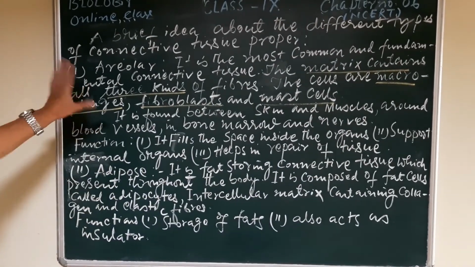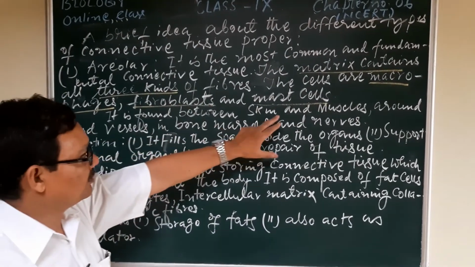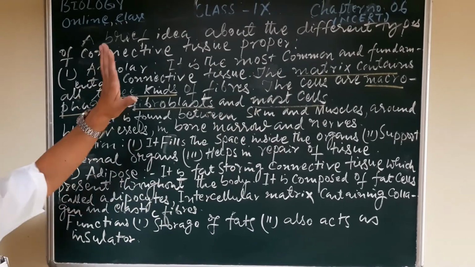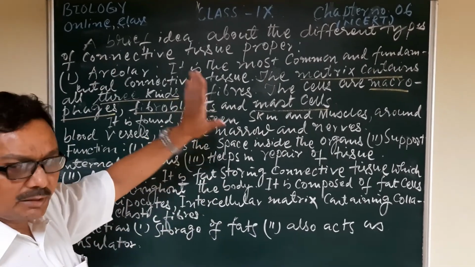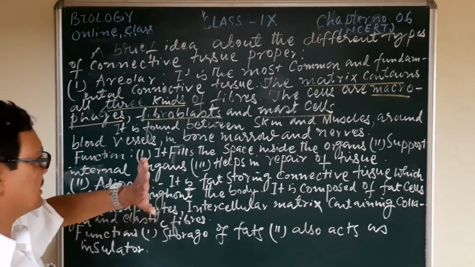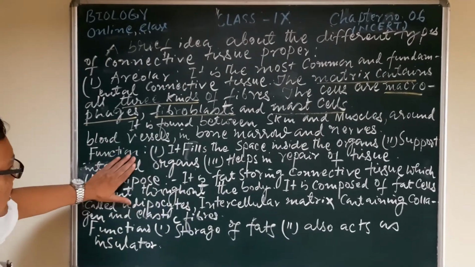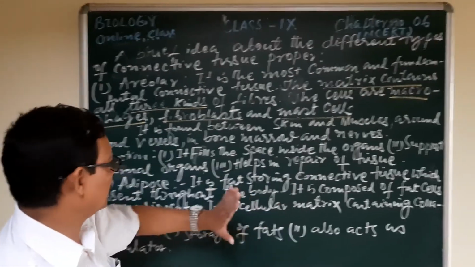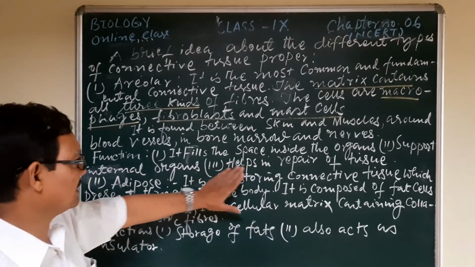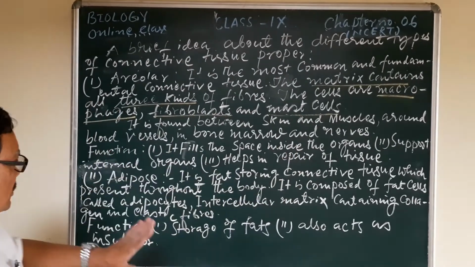So this is the areolar, and it is found between the skin and muscles, around the blood vessels, within the bone marrow and around the nerves. Function: it fills the space inside the organ, supports internal organs, and helps in repairing of tissues.